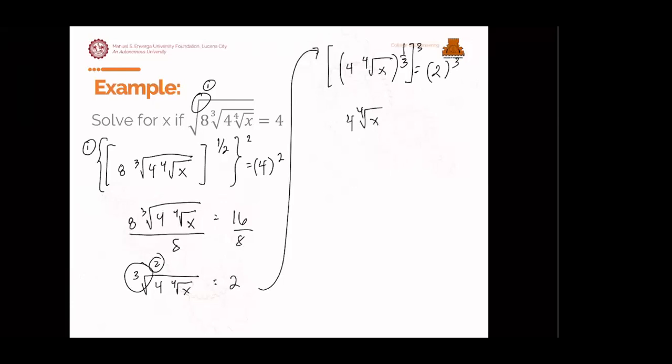Fourth root of x is equals to 2 raised to 3 is 8. And then divide natin both sides by 4. We have fourth root of x is equals to 2. And then fourth root of x in exponent form is, ano exponent form ng fourth root?